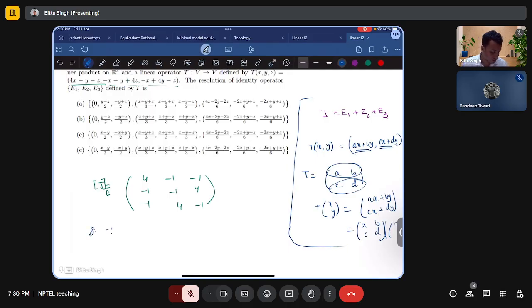Since it is symmetric, that is self-adjoint, therefore normal. So now we need to express the identity. That is, we need to find the resolution of identity. So identity needs to be written as this, where E1, E2, E3 are actually projections corresponding to those perpendicular eigenspaces.